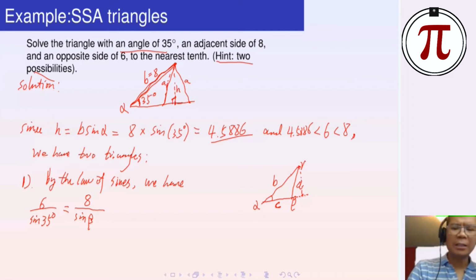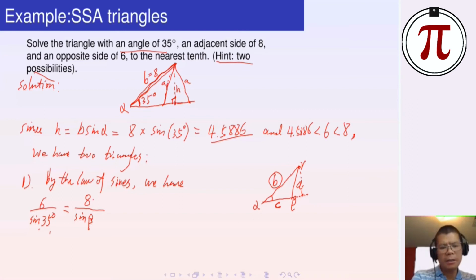Now here is some way you may consider. Sine beta can be easily found. 6 over sine 35 degrees is known, and B is 8 over sine beta.